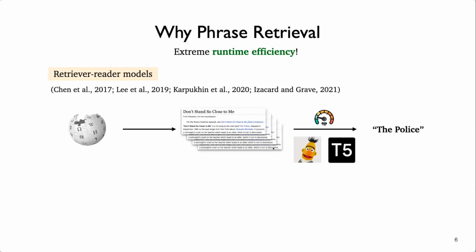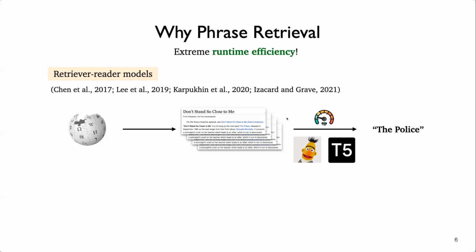You may wonder, given it's a very difficult problem to solve, why do we even want to solve it? The answer is, if we can solve this problem, phrase retrieval can give us extremely fast runtime efficiency. If you are familiar with the very popular retriever-reader models, to do question answering or similar tasks, we first need to retrieve 100 passages, and then apply a second stage model on top of these passages to get the final answer.